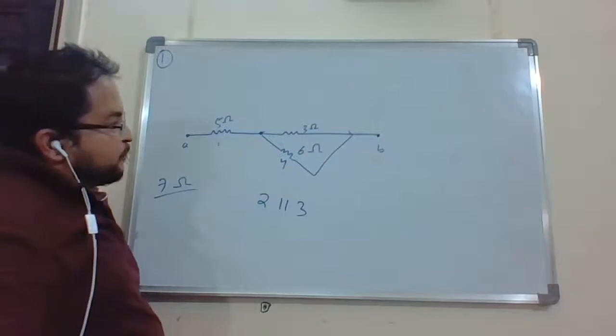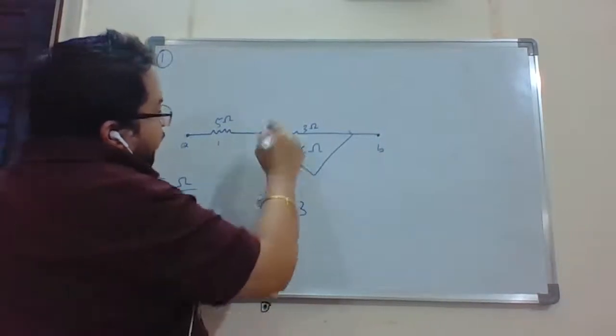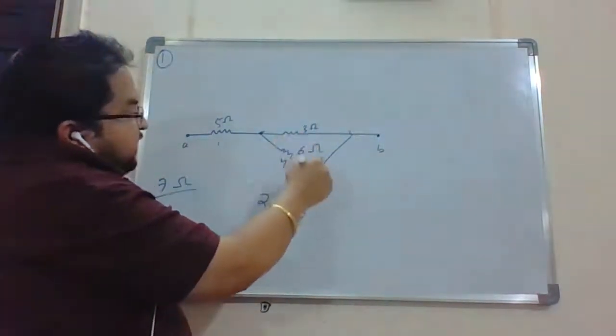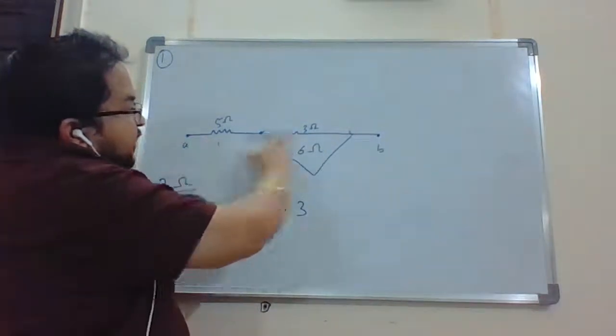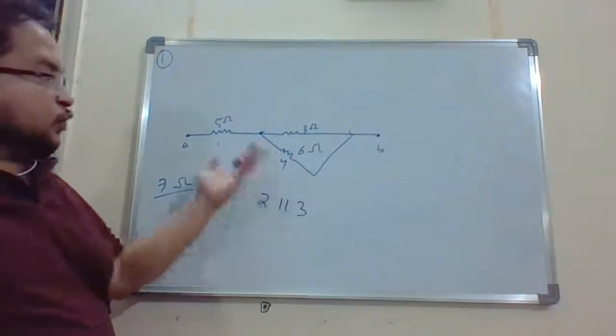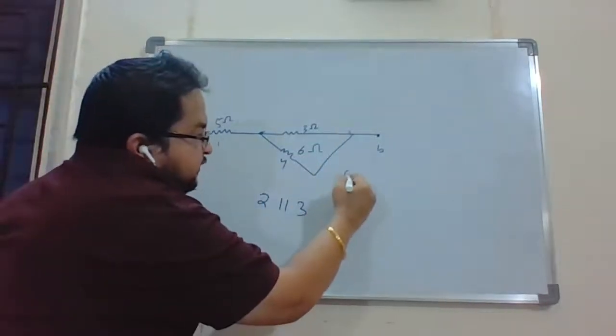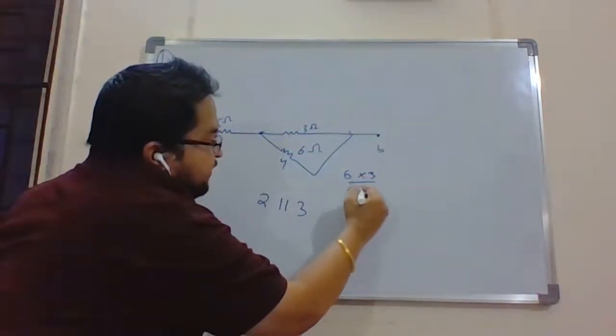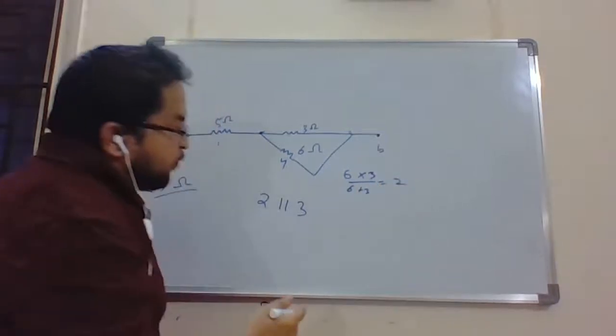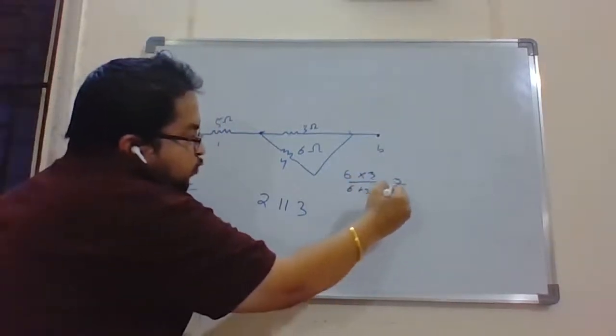Then these two are parallel again: 6 into 3 by 6 plus 3, so this is 2 ohm. That is how we are getting 2 ohm here.